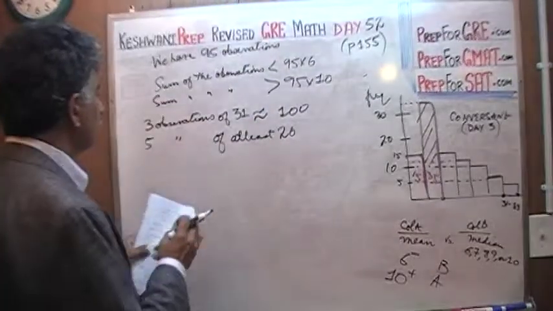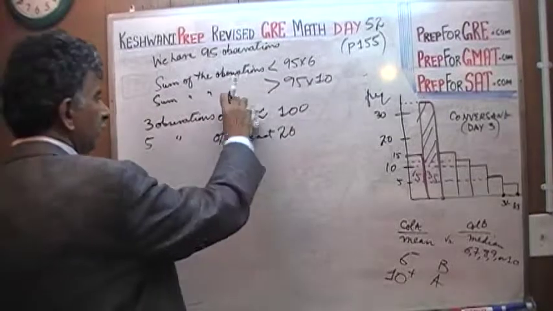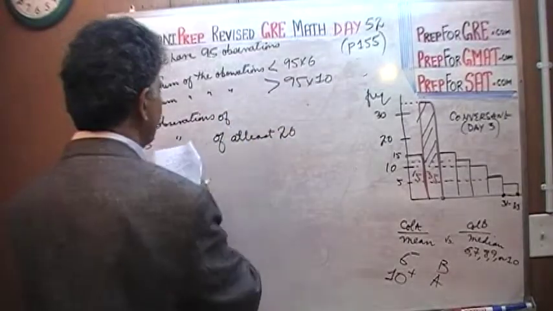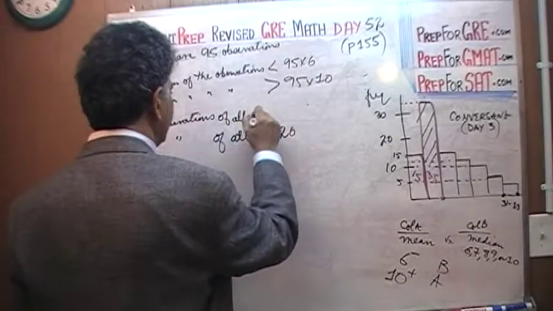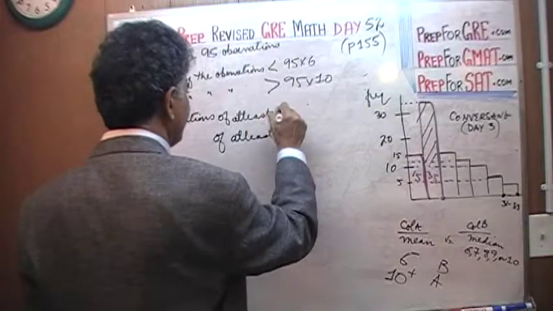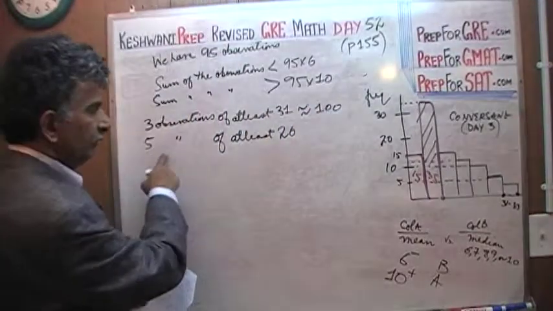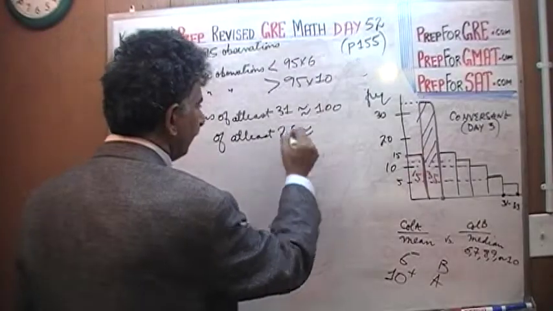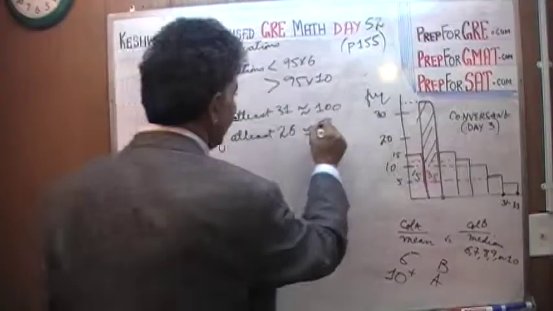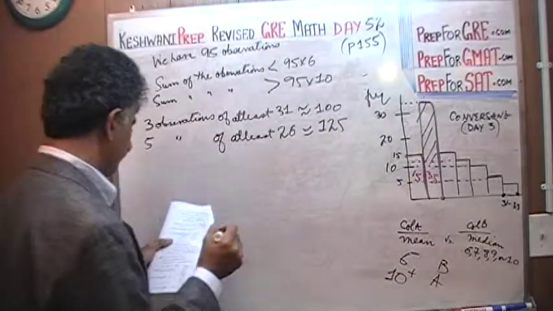That will make it more clear, because we do not have 3 observations of 31, we have 3 observations of at least 31. That's 100. We have 5 observations of at least 26. 5 times 25 is 125, approximately.